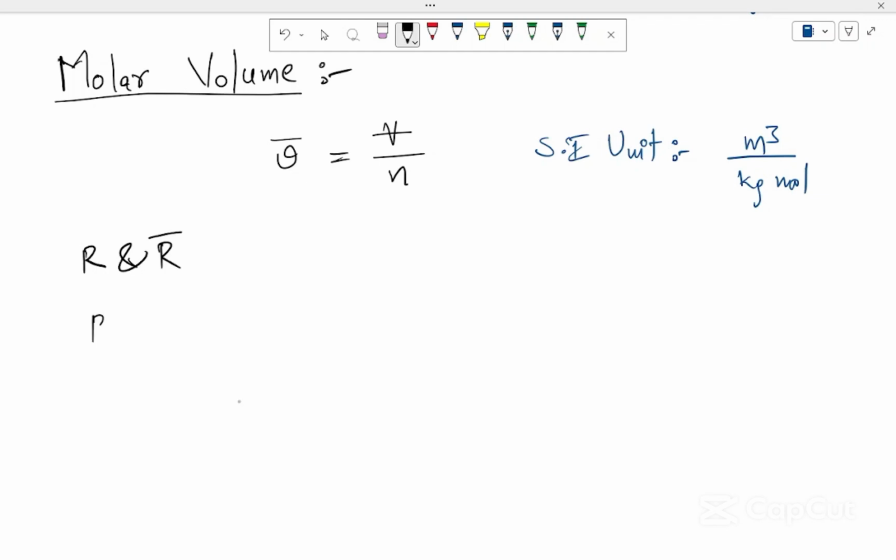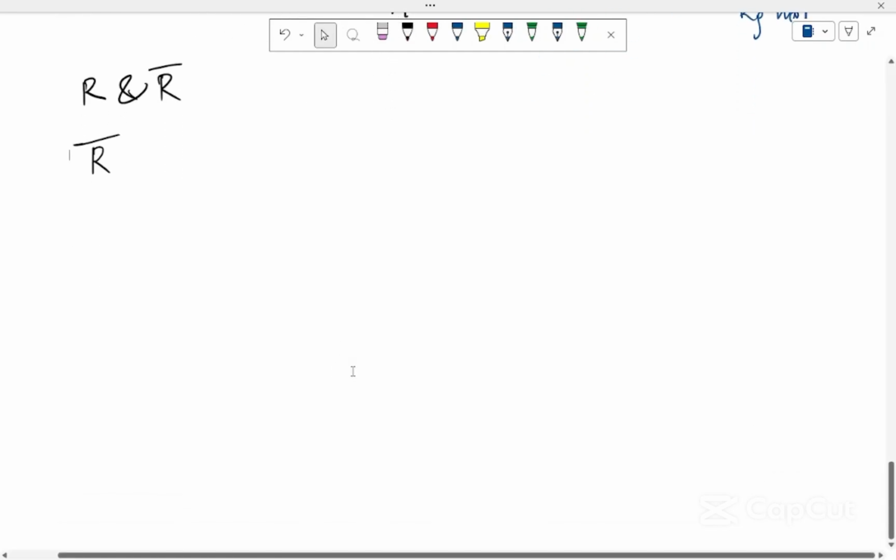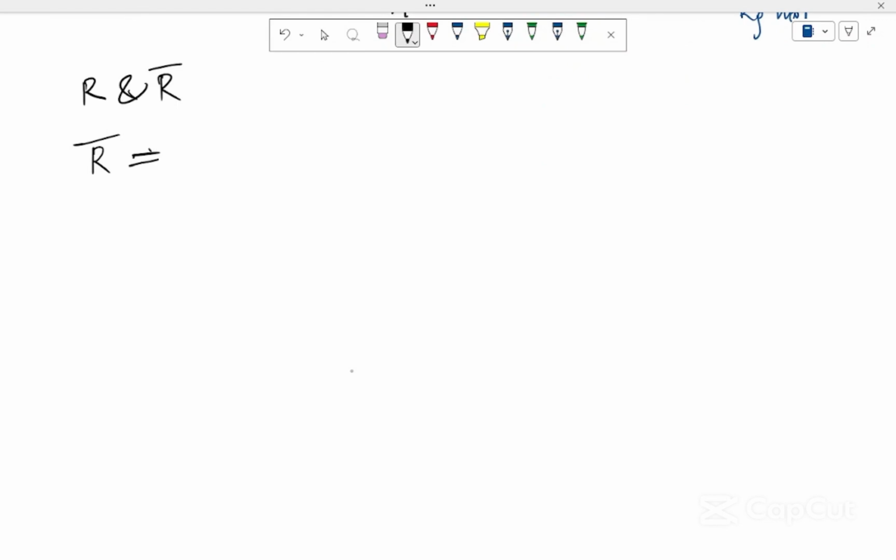The R bar is nothing but your universal gas constant, and this value is the same for all gases.